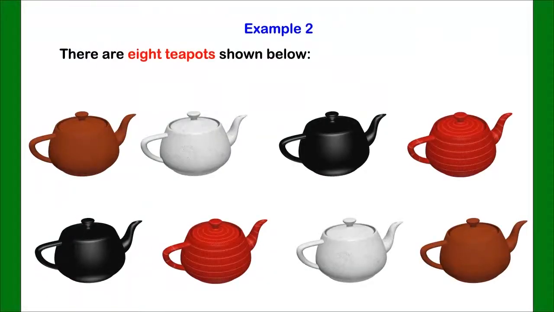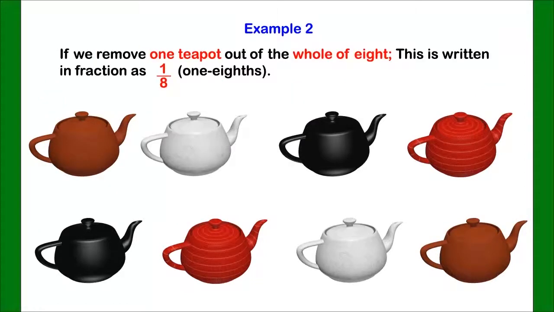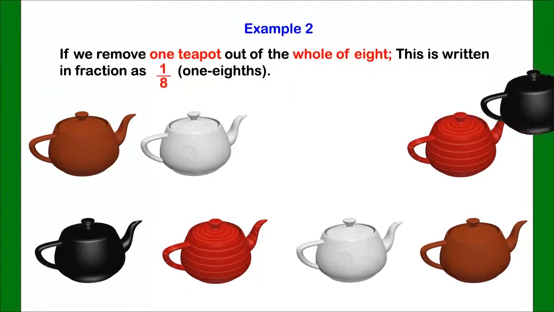Example 2. I will further explain the meaning of fractions using the examples below. Let us assume that we have 8 teapots. If I remove 1 teapot out of the whole of 8, in this case, 1 black teapot is removed.